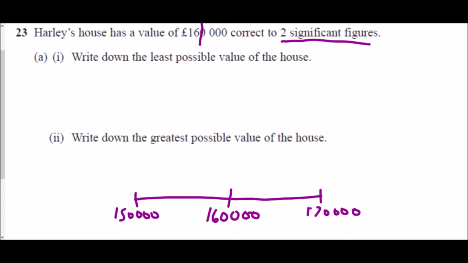We need to know what are the halfway points. So what is halfway between 150,000 and 160,000? 155,000. Halfway between 160,000 and 170,000, 165,000.